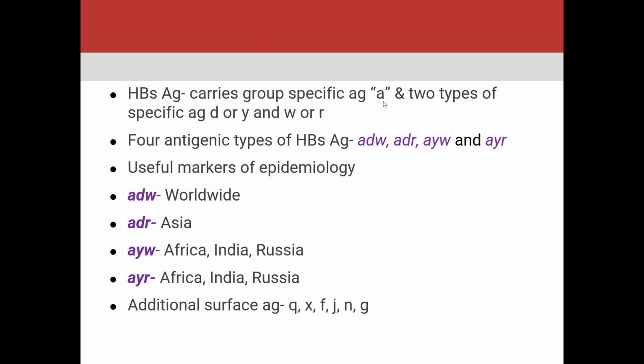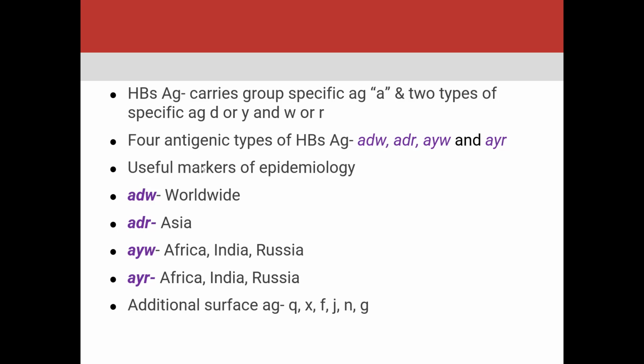That is A, and again two types of specific antigens, D or Y and W or R. Based upon this, four antigenic types of HBsAg are classified: ADW, ADR, AYW and AYR.